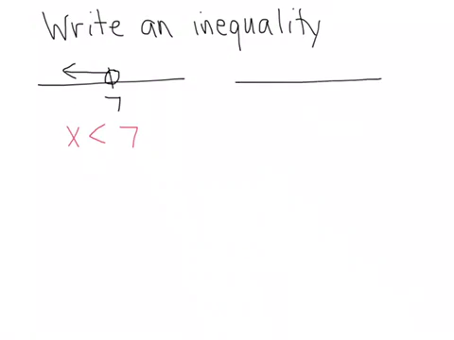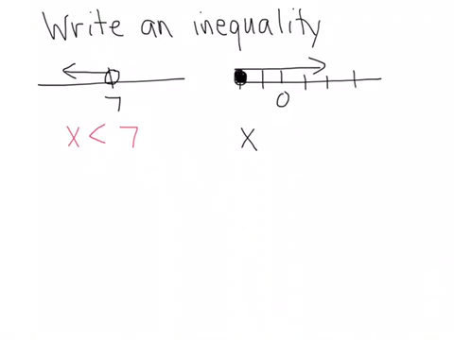Here's another one. If I have something, let's see, we'll do 0, 1, 2, 3, negative 1, negative 2. Okay, let's say that I have this, and I want to write the inequality of this. So I'm going to put my x again and switch colors.